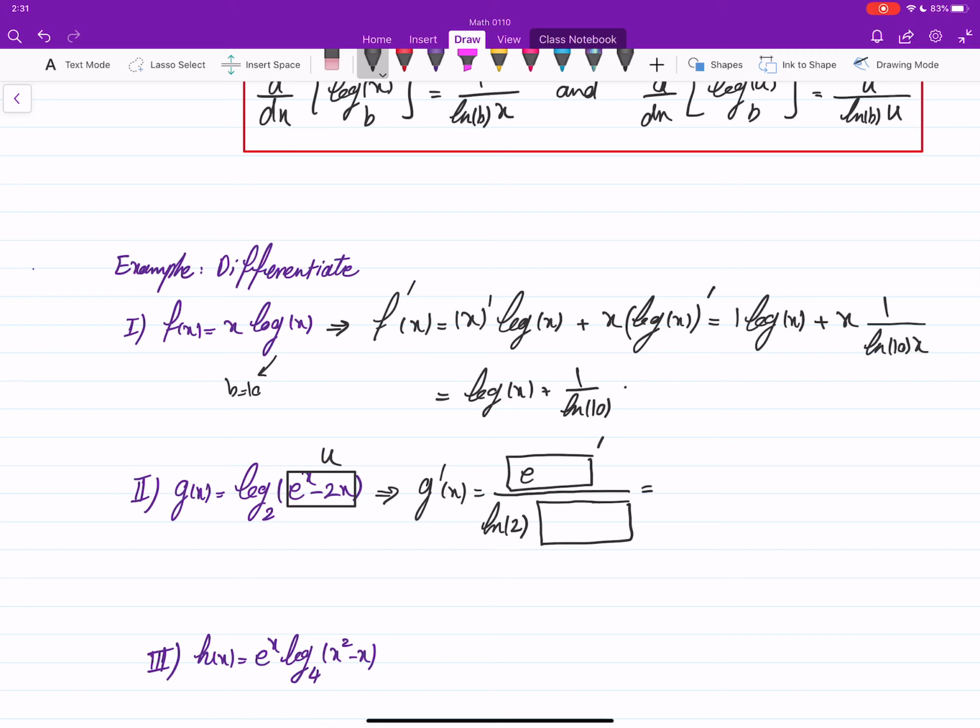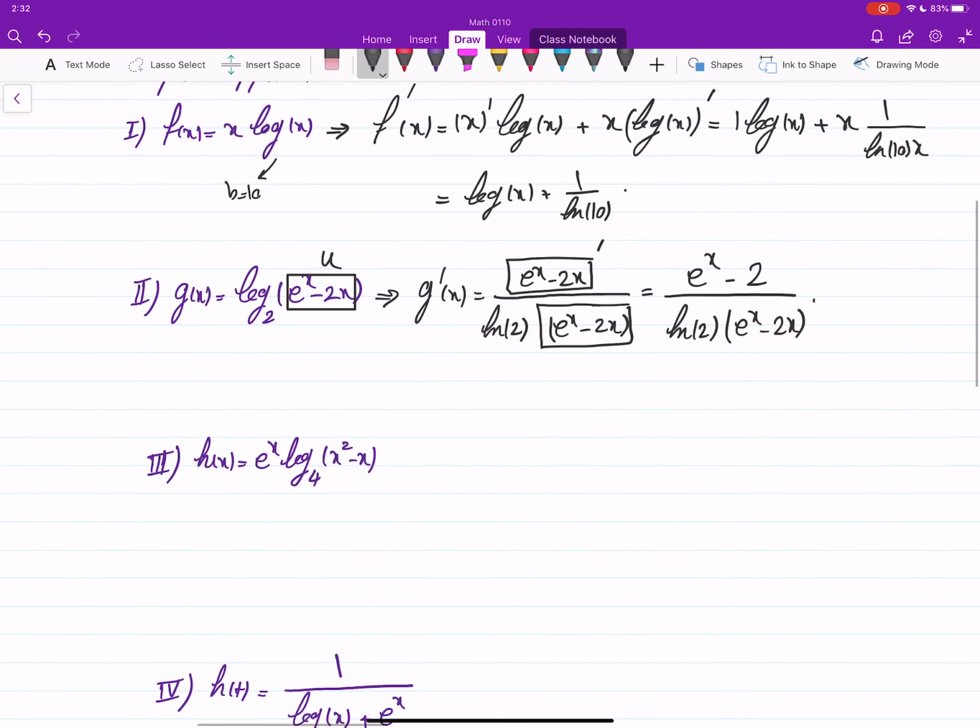So this guy is e to the power x minus 2x. Derivative of e to the power x is e to the power x. Derivative of 2x is 2, so the difference rule gives us e to the power x minus 2. Here we have ln 2 times e to the power x minus 2x. And that's the derivative we were looking for.